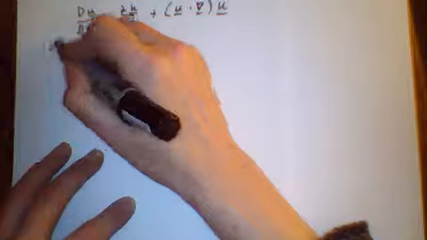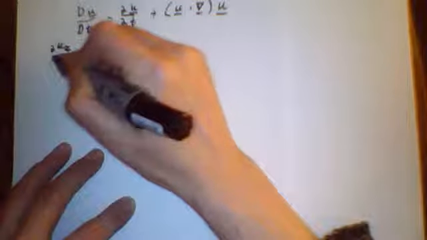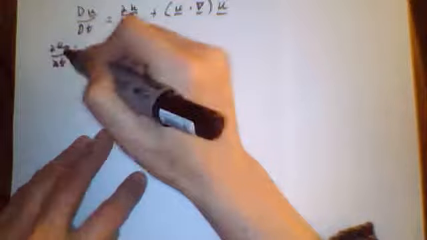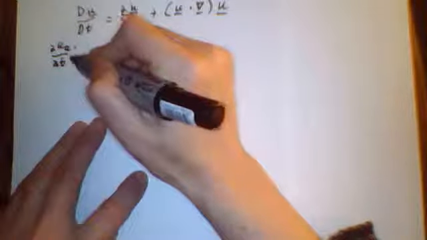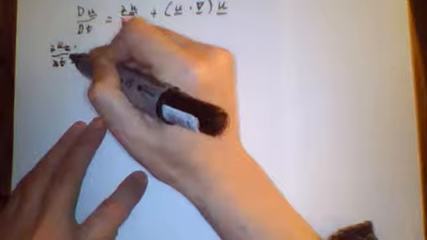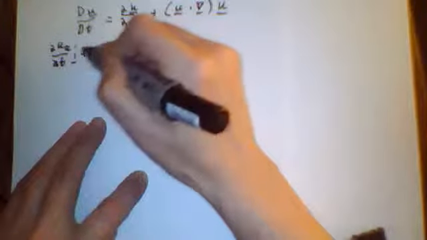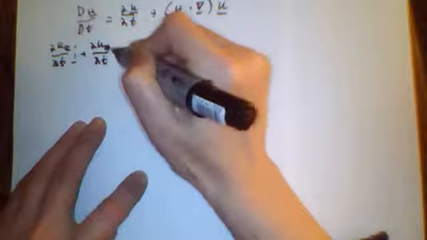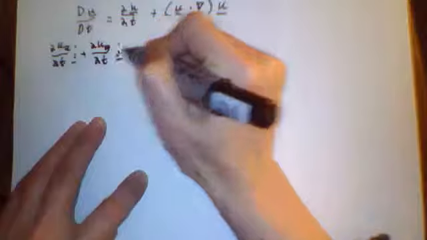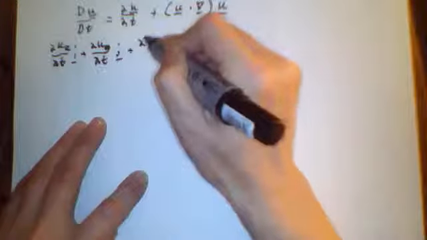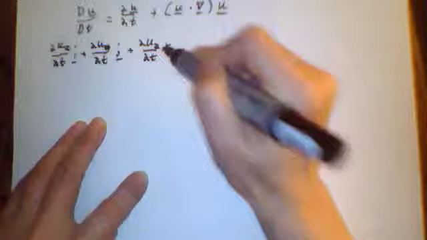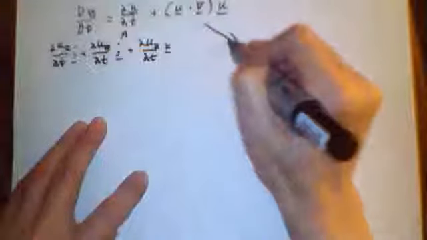So that would be the rate of change with respect to time in the x direction, the i component, plus the rate of change in the y direction, the j component, plus the rate of change in the z direction, the k component, and that would be that bit.